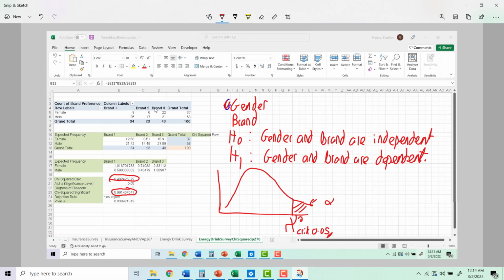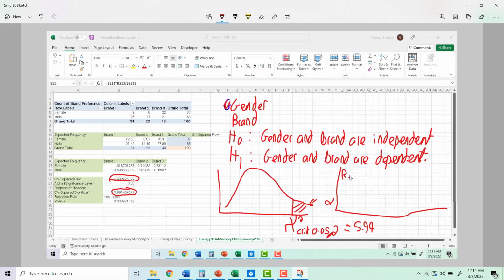the number of rows minus 1 times the number of columns minus 1. So in this case, 2 minus 1 is 1, and 3 minus 1 is 2, so it has 2 degrees of freedom. This would be 5.99. So again, for the exam, if I ask this question, I'd focus on the p-value.